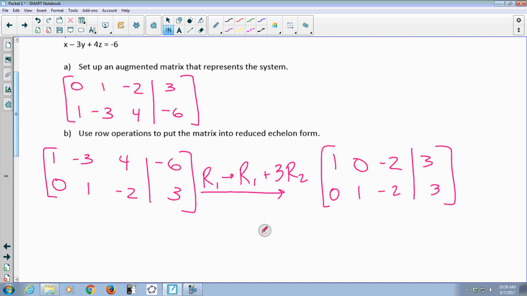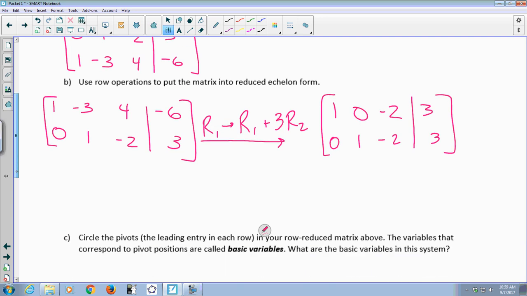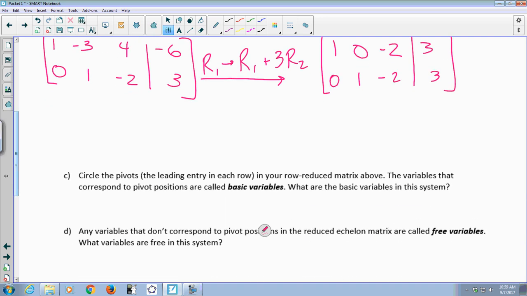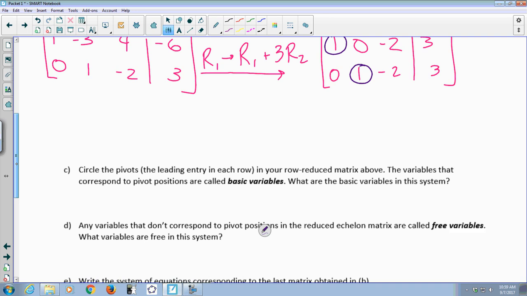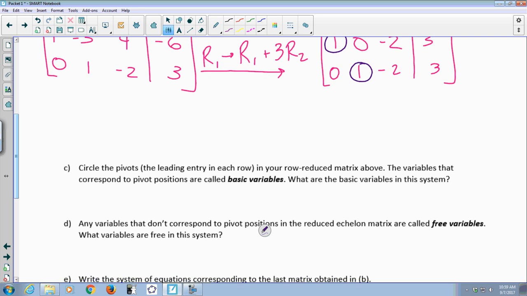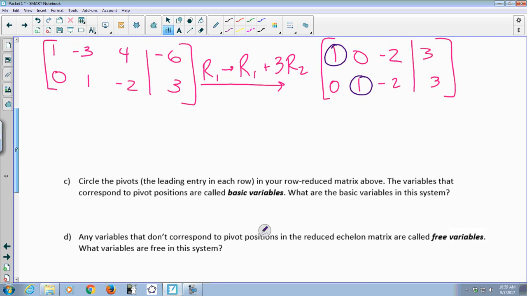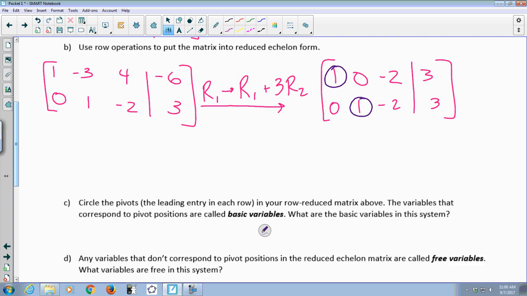So what I do with this is I'm going to have you circle the pivots. There's a pivot and there's a pivot. Those are the leading entries of each row. The first non-zero entry in each row is called a pivot. So the variables that correspond to pivot positions are called basic variables. Remember that this column was originally set up as the x coefficients.